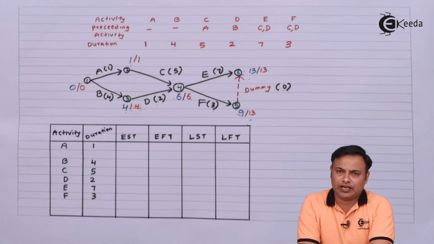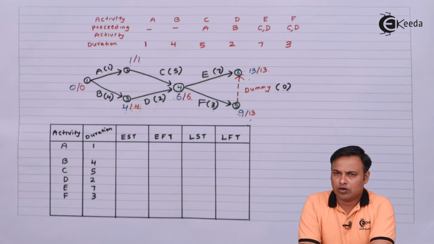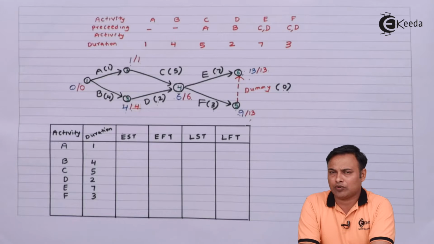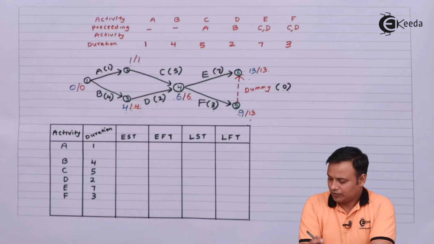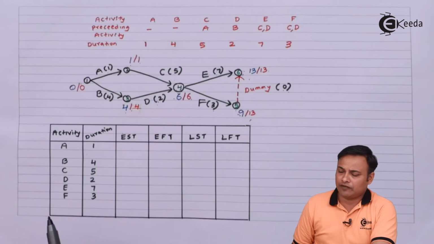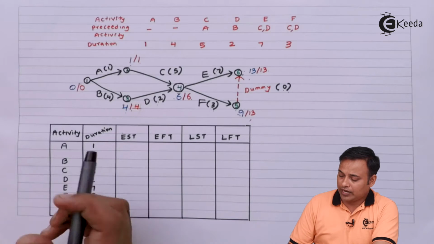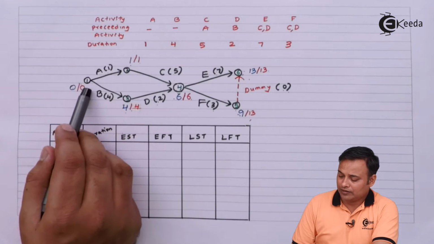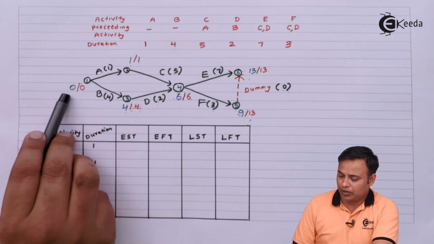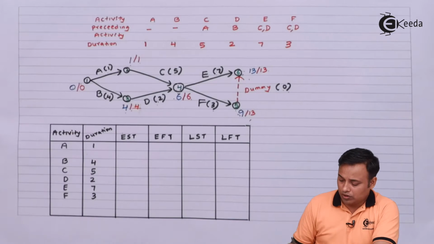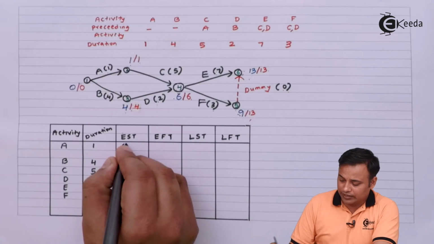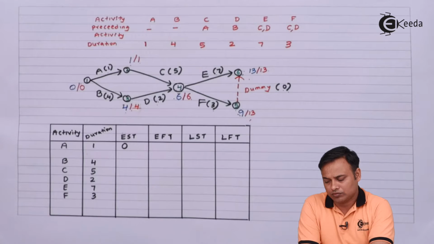So EST के लिए आपको टेल पे लेफ्ट मतलब ब्लू कलर वाला नंबर देखना है, और LFT के लिए आपको हेड पे राइट साइड में मतलब रेड कलर वाला नंबर देखना है. In case of A, the tail is 1, यहाँ पे लेफ्ट में ब्लू कलर नंबर is 0, so my earliest starting time for A will be 0.